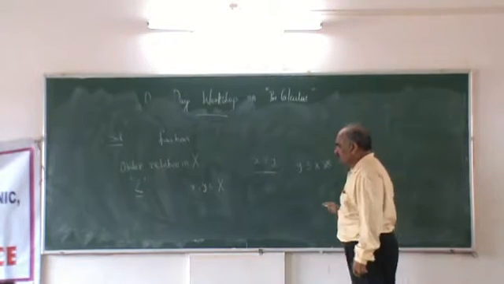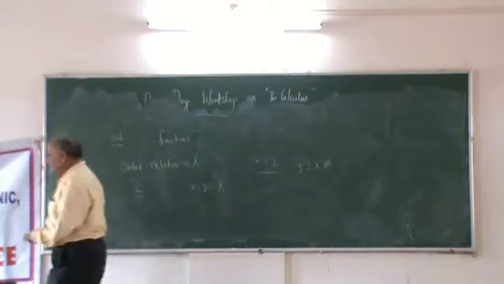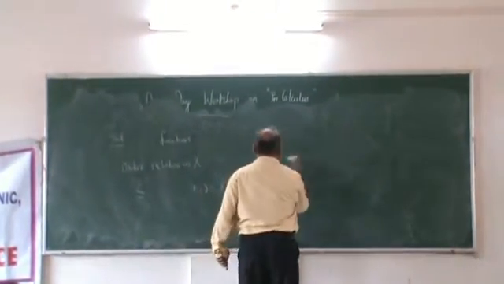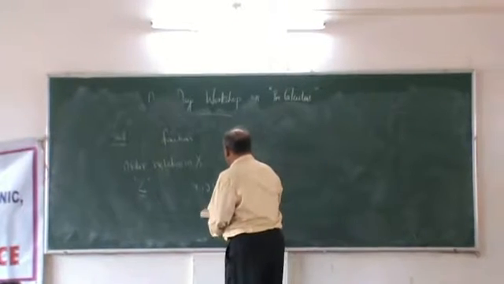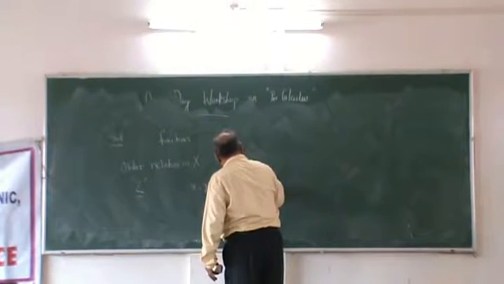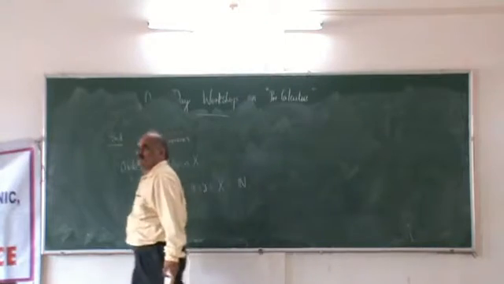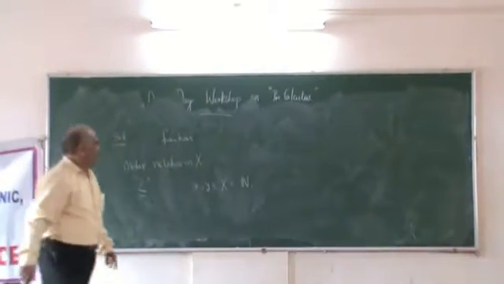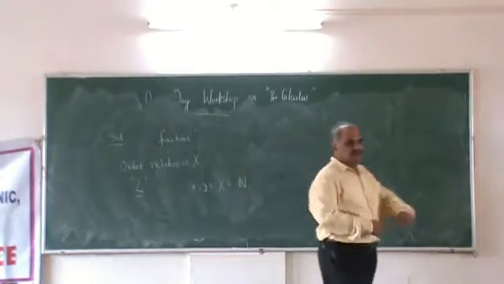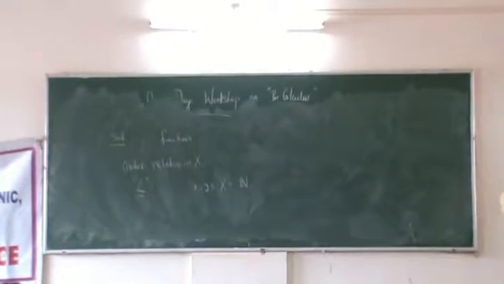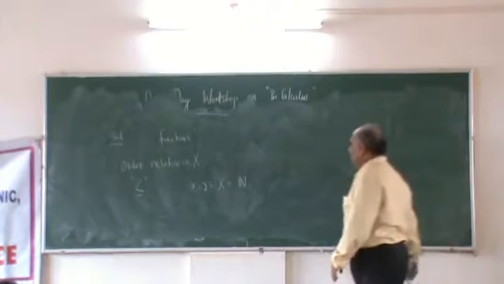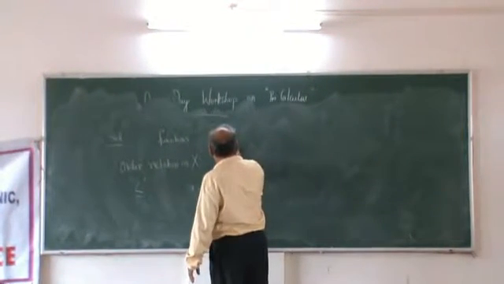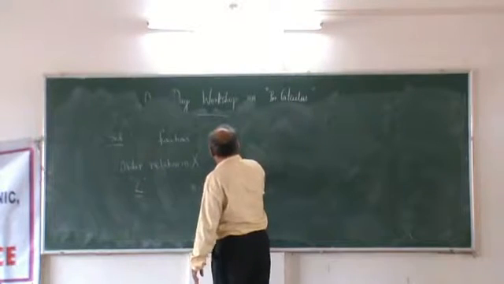So, once you define a relation, what will it give us? Well, if your set is the set of natural numbers, and I take my relation less than or equal to as the usual relation of comparing natural numbers, then whenever I say that X is less than or equal to Y, I say that X and Y are comparable.